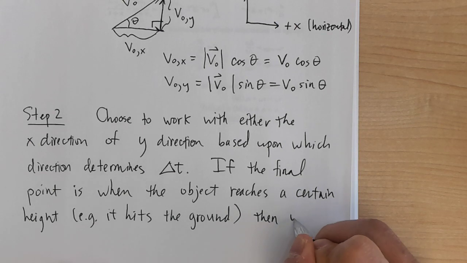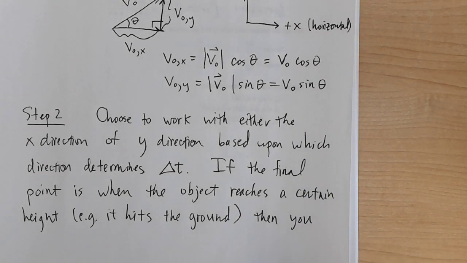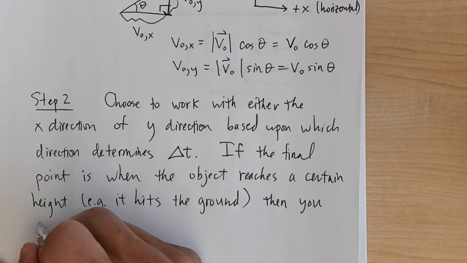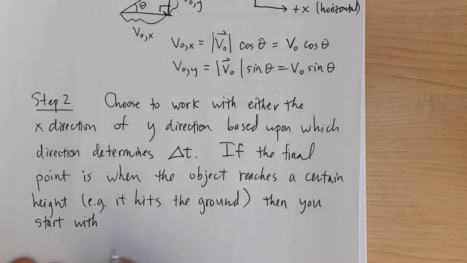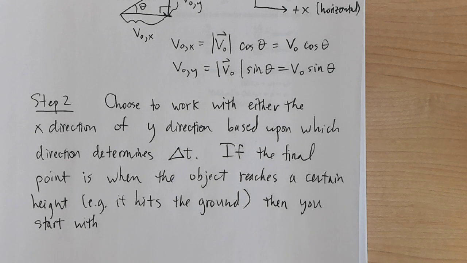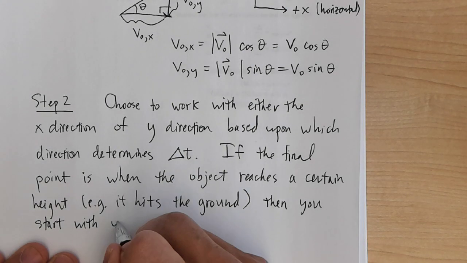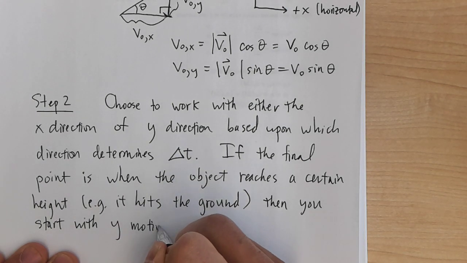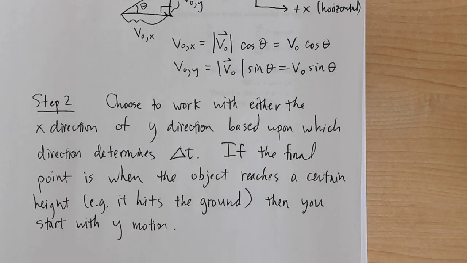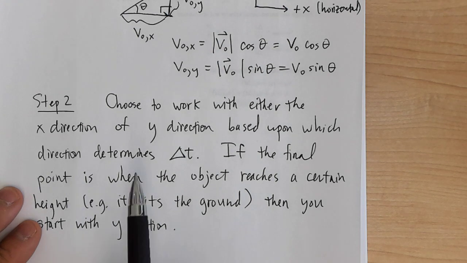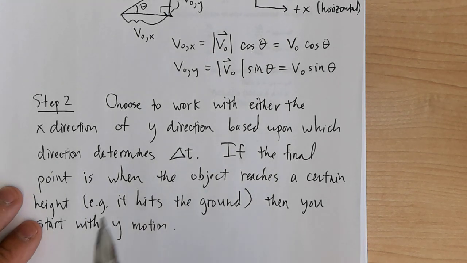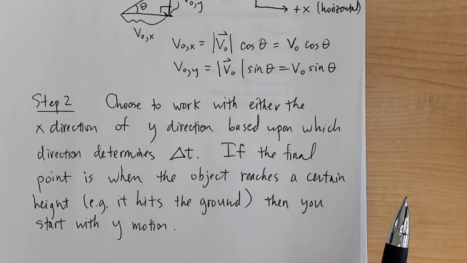Then, in this case, try to guess what I'm about to say, you start with the y direction, the y motion. Why is that? Because if the final point, when the clock stops, is when the object reaches a certain height, that's all determined by the y direction motion, the constant acceleration in the y direction.